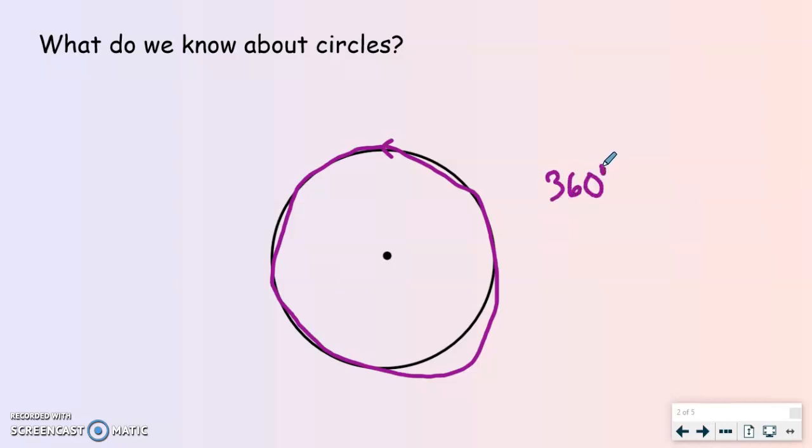We talked about this a little bit earlier when we talked about angles in geometry, how a circle is 360 degrees. And an interesting fact is that all angles fit inside of this 360 degree range.